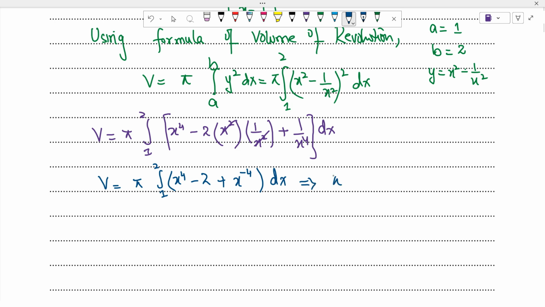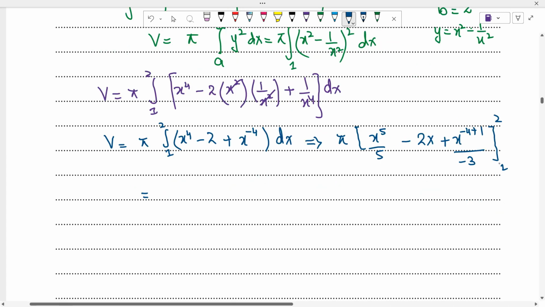Now pi, now apply the integration. Integration of x to the power of 4 is x to the power of 5 over 5, minus integration of 2 is 2x, and integration of x to the power of negative 4 is x to the power of negative 4 plus 1, with the denominator being the power, which is negative 3, and we have the limit from 1 to 2. Now apply the upper limit and then the lower limit.